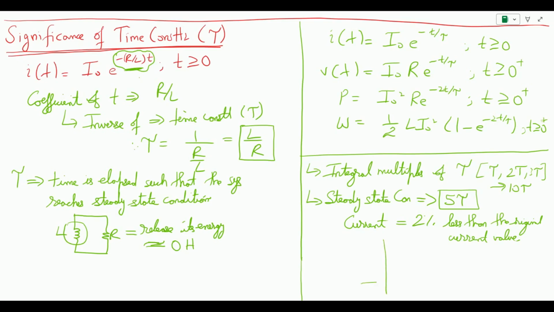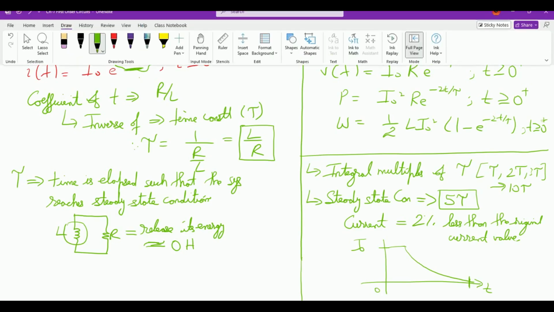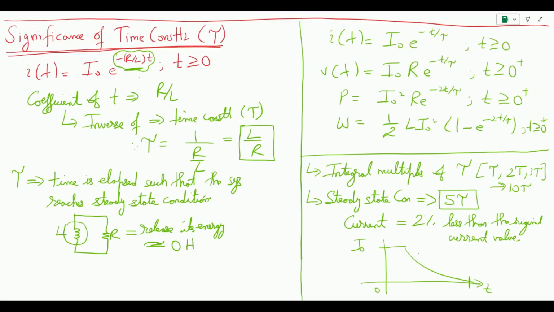If, for example, this is my current and this is the behavior of the inductor releasing energy, we know that the steady state condition is reached when it reaches the final value, which is 0 in this case. Now 2% means that this much energy has already been released by the inductor, and now we are nearing the steady state, which means that with respect to its original value 2% might be this position, and after this we say that 5 tau has been achieved.